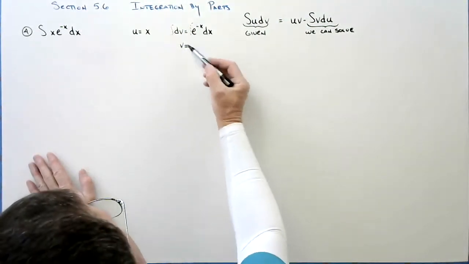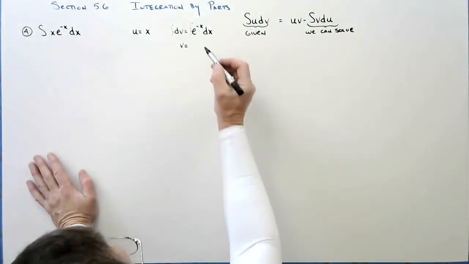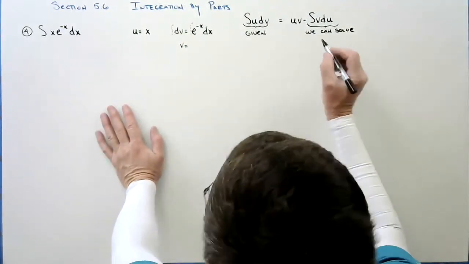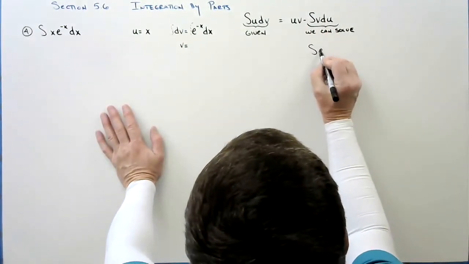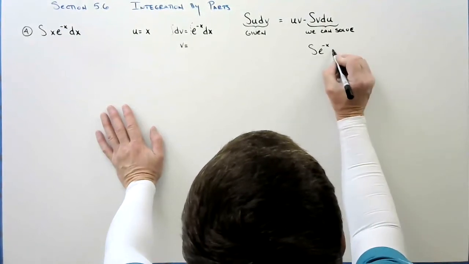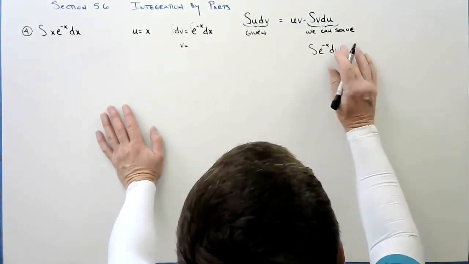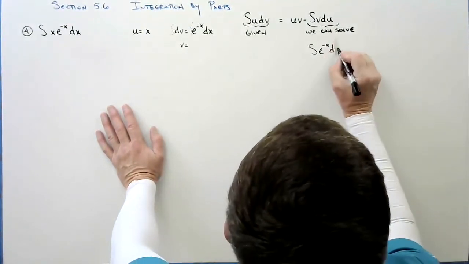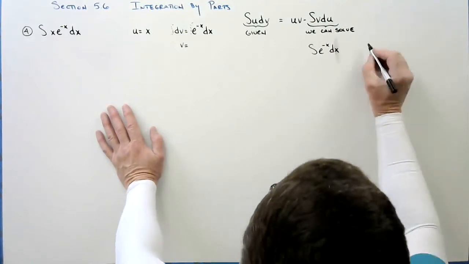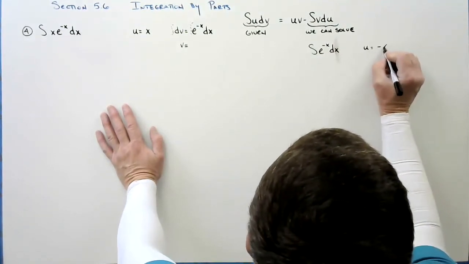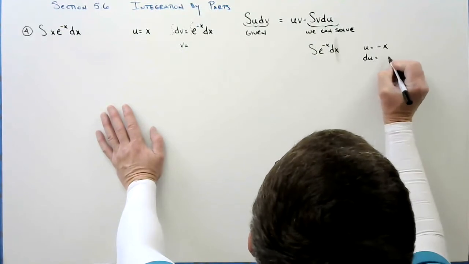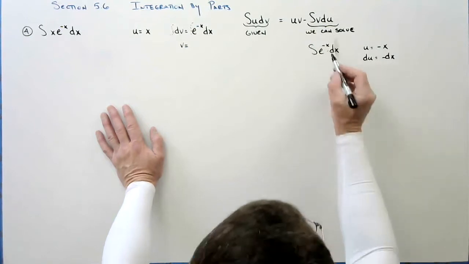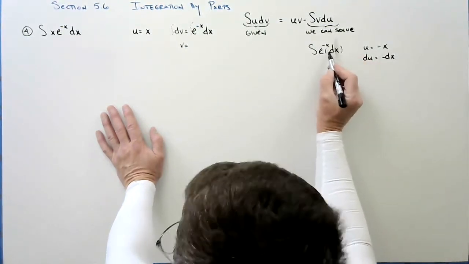Now, in section 5.5, we learned how to do u subs. Back in Calc 1, we would have integrated this with a u sub. So we'll move over here real quick. Typically, we're not going to do this with a u sub in an integral like this. We'll typically just do it straight, but we'll do this one with the u sub. We would have said, u equals minus x, du equals minus dx. And we would have said to ourselves, well, we need a negative sign there. And since we need a negative sign, we can introduce it.